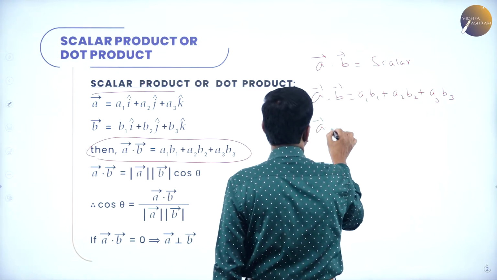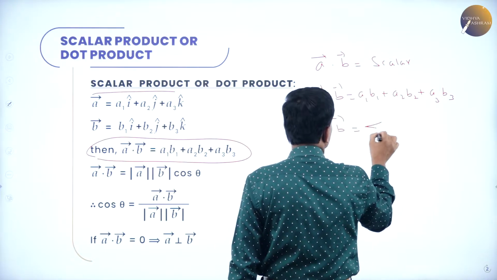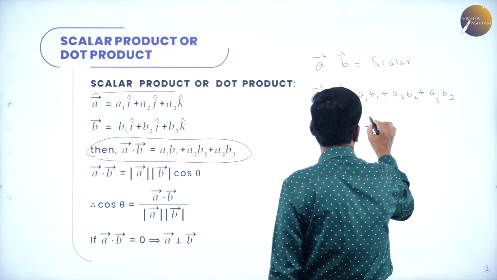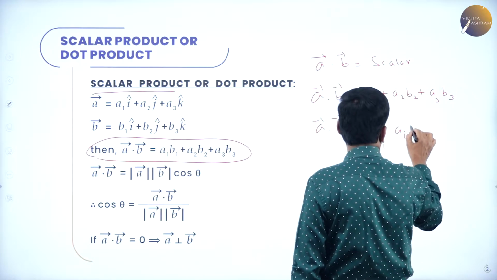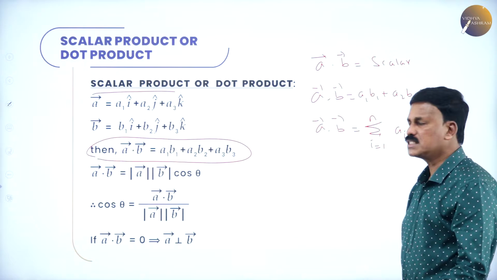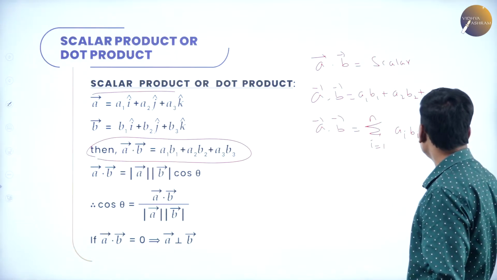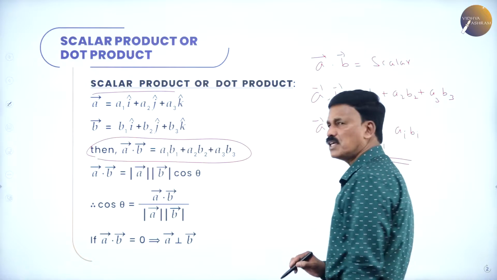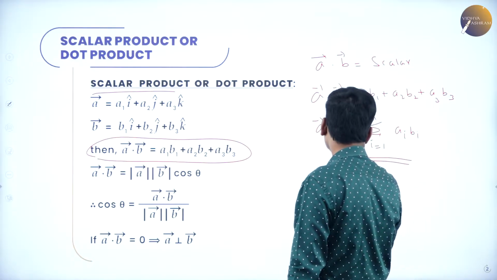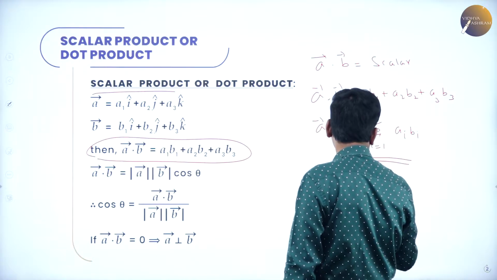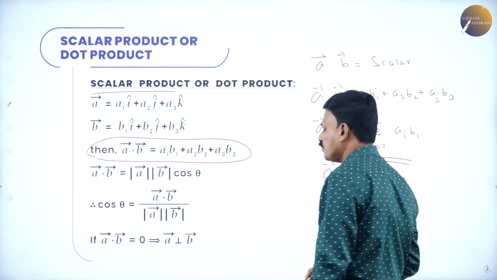This can also be written as A dot B is equal to sigma i equal to 1 to n of Ai Bi. Suppose the dot product is equal to 0, that is A dot B is equal to 0, then vector A is said to be perpendicular to vector B.